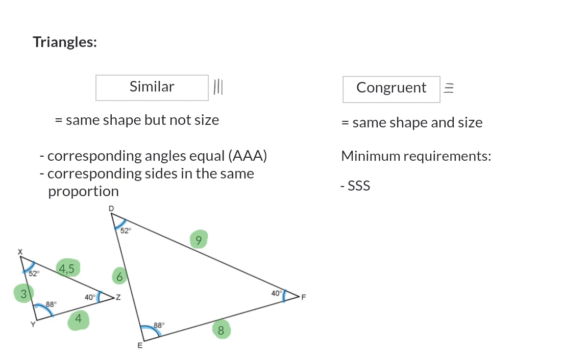Or it can be 2 pairs of angles and only 1 pair of sides, or 2 pairs of sides and then, very importantly, the included angle, or lastly it can be a right angle with a pair of hypotenuses and another pair of sides. Let's go and have a look at some examples of congruency and similarity.